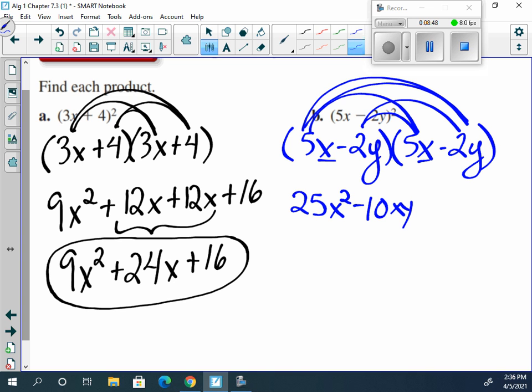Well, negative 2y times 5x. Negative 2 times 5 is negative 10. We can do yx, but we will actually leave it as xy. There's a part of mathematics called number theory, and what number theory states is that whenever we list variables, we always list them in alphabetical order and then descending powers, descending exponents.